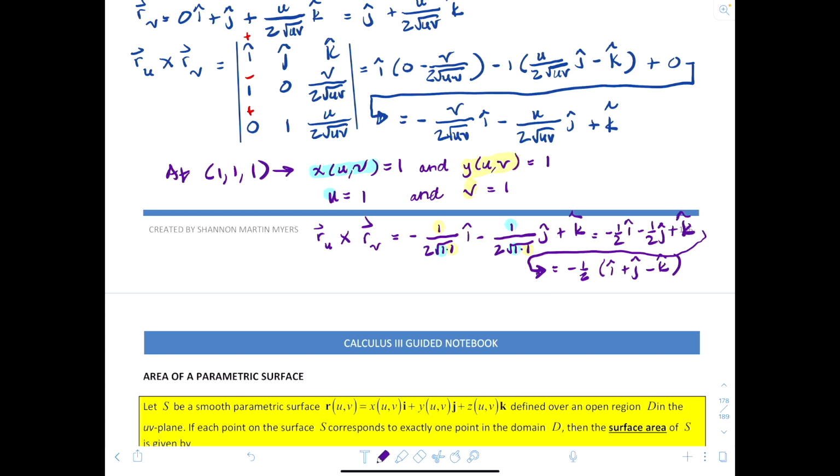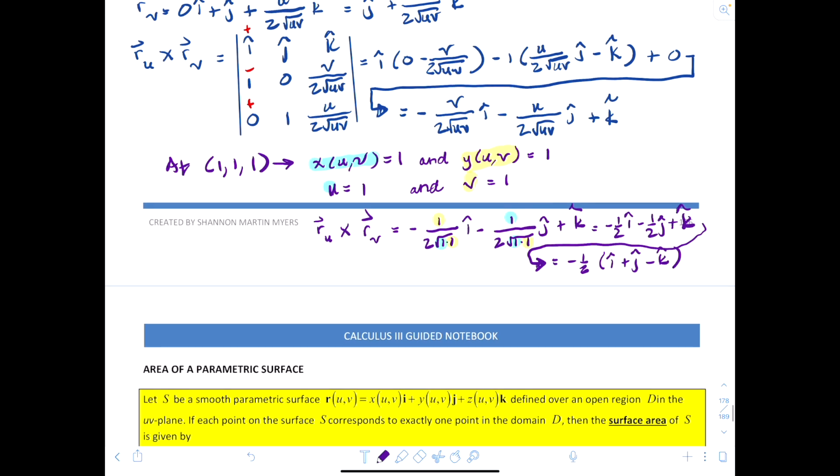And so utilizing those direction numbers, A is 1, B is 1, and k would actually have a coefficient of negative 2, not negative 1. So C would be negative 2.